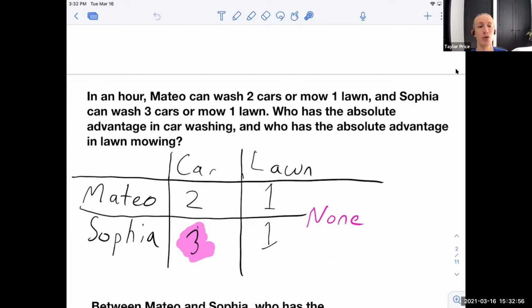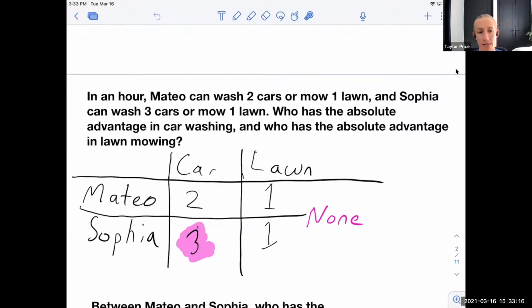Okay, so the first question was, I believe, from the Chapter 3 pre-lecture quiz. So this question was asking, in an hour, Mateo can wash 2 cars or mow 1 lawn, and Sophia can wash 3 cars or mow 1 lawn.